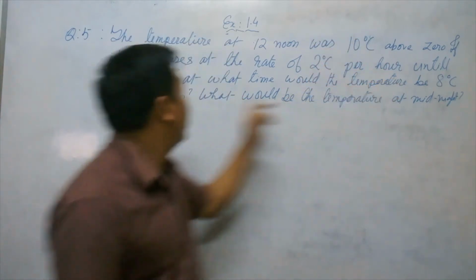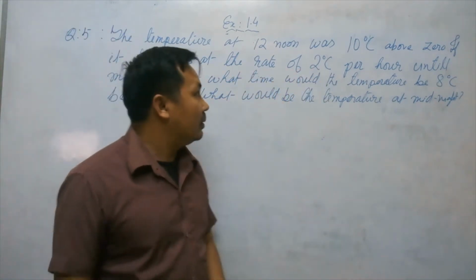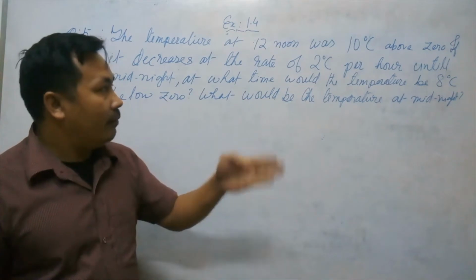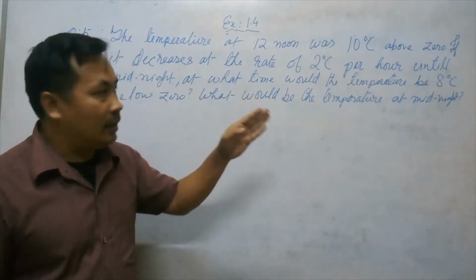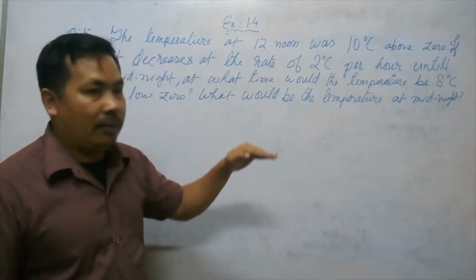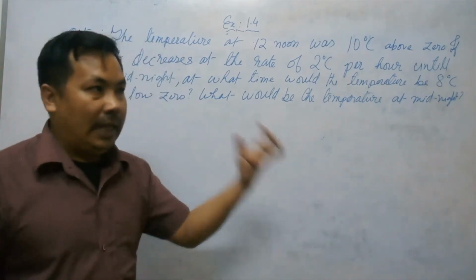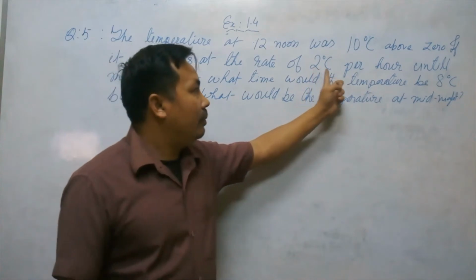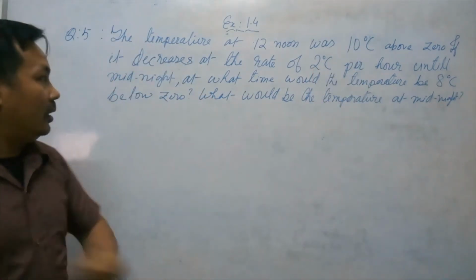Then it decreases at the rate of 2 degrees Celsius per hour. The temperature is decreasing from plus 10 degrees Celsius at noon. You know that after noon, temperatures are decreasing. The rate of decrease is 2 degrees Celsius per hour until midnight.